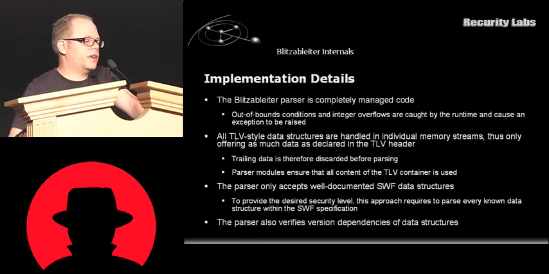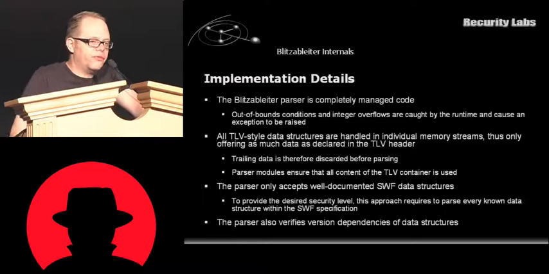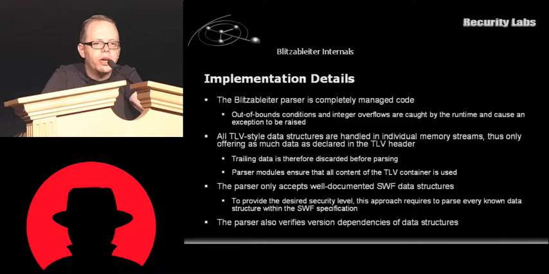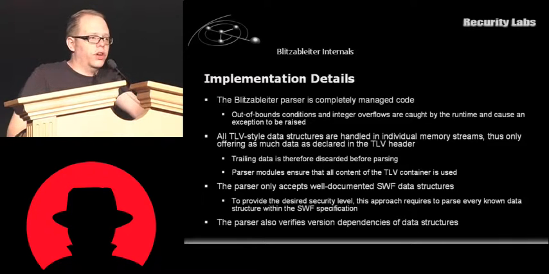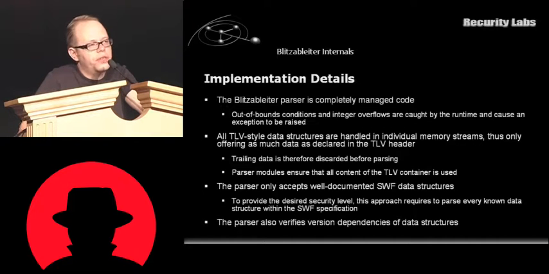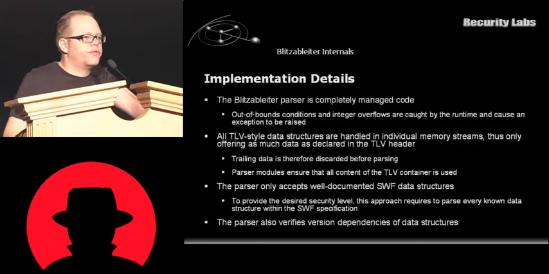The downside of that approach, of course, is that we actually have to parse everything in the file, which requires a huge amount of code. If you're willing to download the source code, you will discover that it's a couple of megabytes, and that's pretty much all parser code. We also verified version dependencies of the data structure, so if you happen to use a data structure that is only defined for version 8 and above, and your file declares to be version 6, we're going to complain about that.